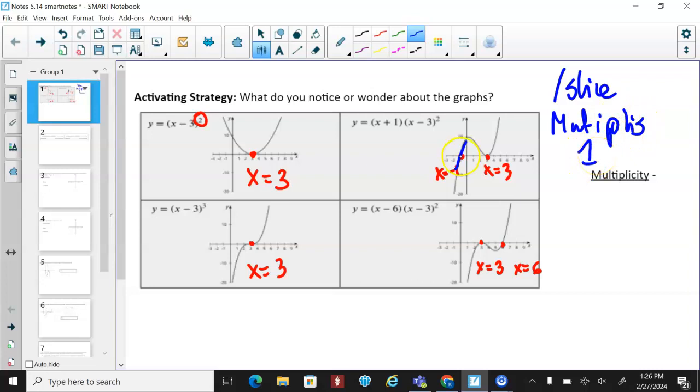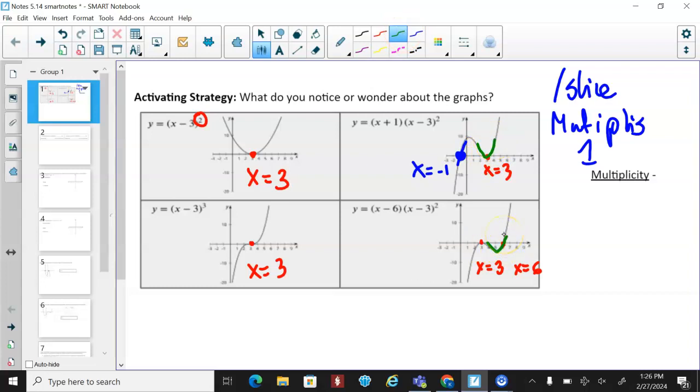Okay, so what does it mean? That means that on this dot right here, there's only one zero, one x-intercept at this point, and it is at x equals -1.